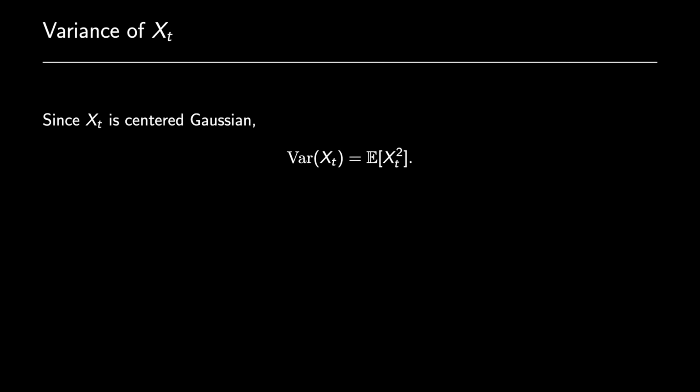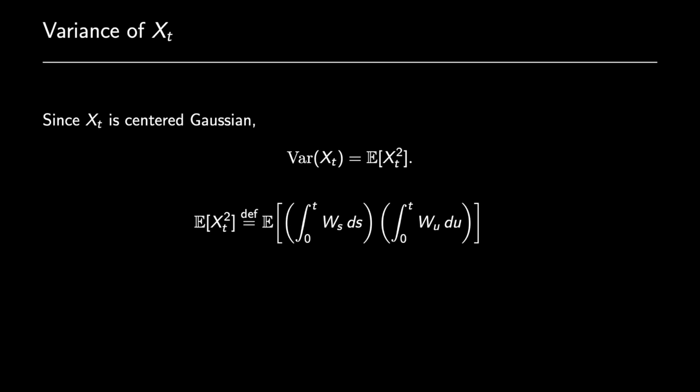Let us now compute the variance of X_t. Since X(t) is a centered Gaussian random variable, its variance is equal to the expectation of X_t squared. This, by definition, is the expectation of the square of the integral from 0 to t of W_s ds, that we can rewrite as the integral from 0 to t of W_s ds, times the integral from 0 to t of W_u du.